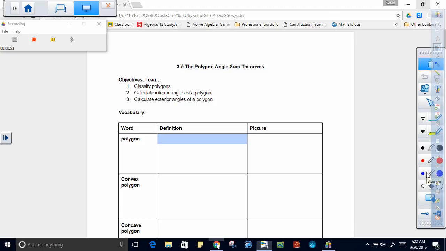I evidently am not going to type it for you. So it is a closed plane figure, and we might run out of space, and I'm sorry, with at least 3 sides.